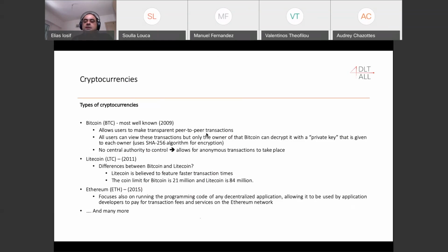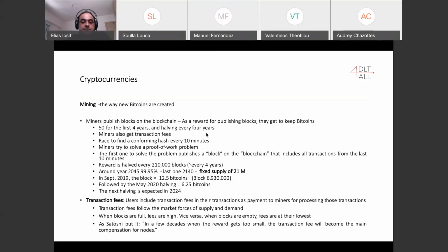I'm not saying that the design, development and use of this software is trivial. That's not. However, if the required technical expertise is in place, then you can relatively easily create a cryptocurrency. So here we are just mentioning the most important examples, including Bitcoin, Ethereum, Litecoin, and of course there are many more.